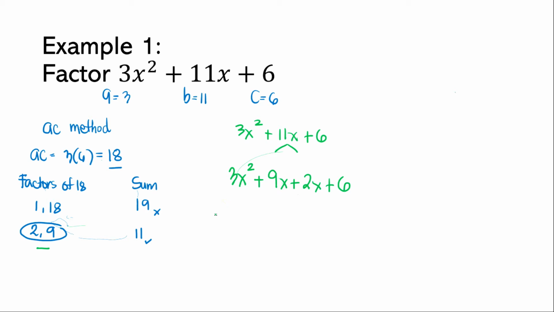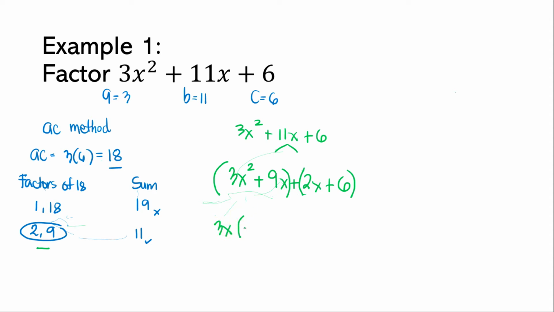So, let's say dito we are going to have this group and this group. Now, 3x squared plus 9x, kapag finactor out natin yung greatest common factor dyan, yung common monomial factor, we can actually factor out 3 and x.